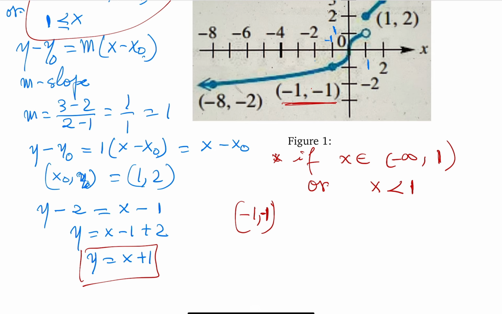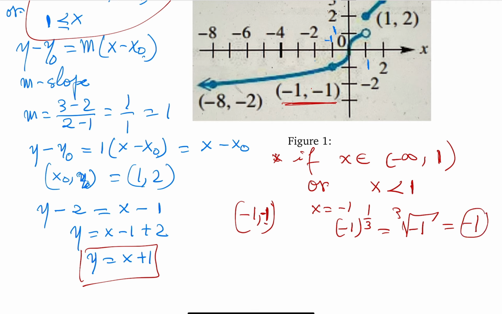If you choose that point, it means x is equal to -1. Then what do you get? You have -1 to the 1/3, which is the cube root of -1, which is -1. And you end up with -1, which is this one.